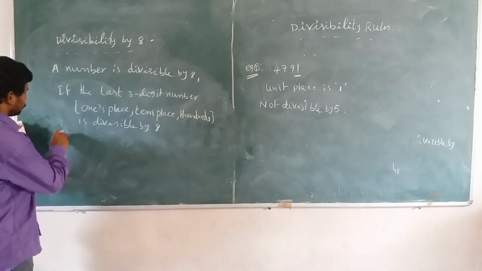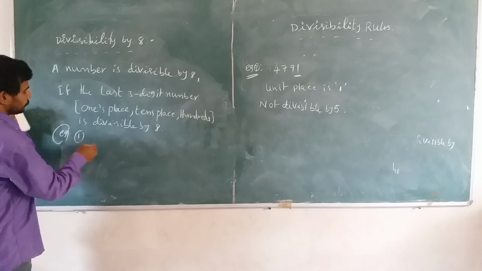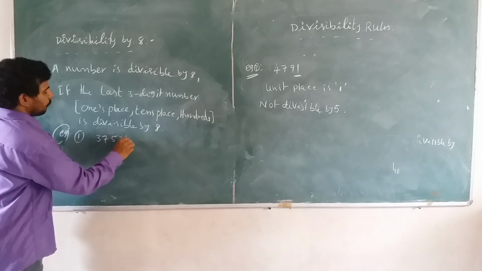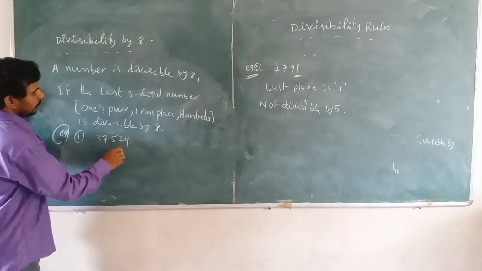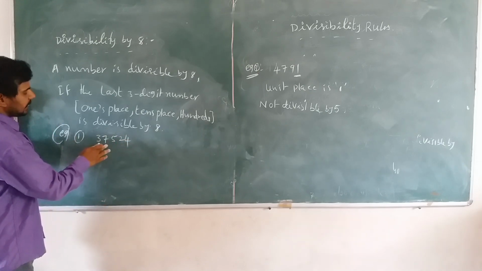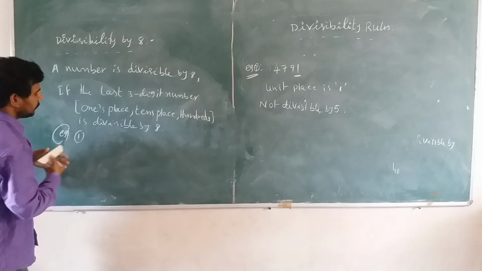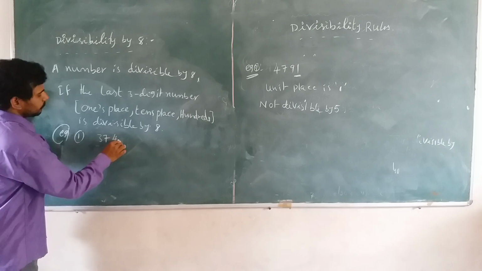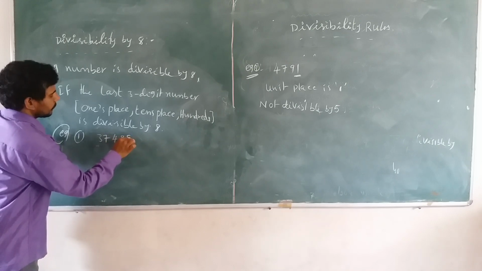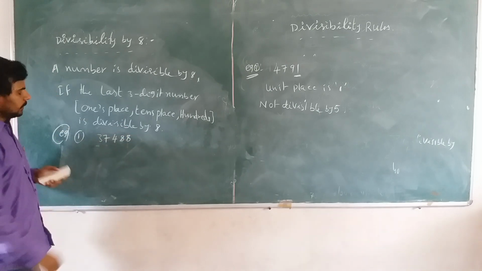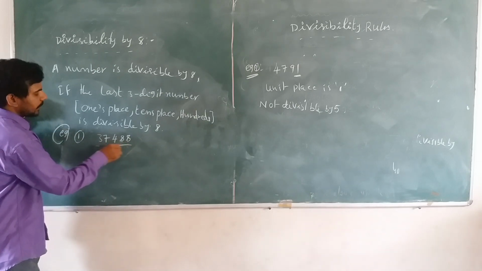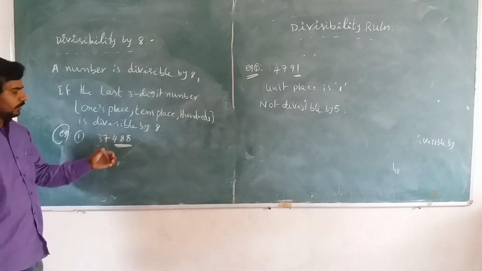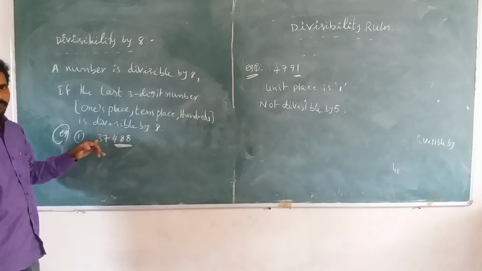For example, 37,488. Here a 5-digit number is given: 1, 2, 3, 4, 5. So what is the last 3-digit number, children? 488.